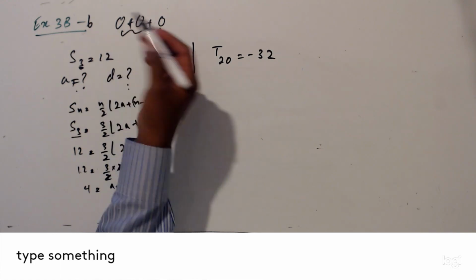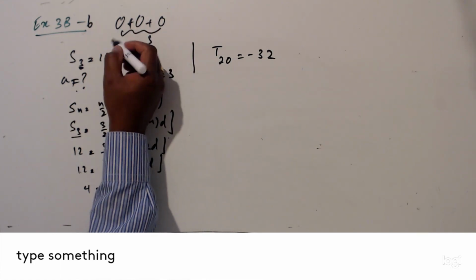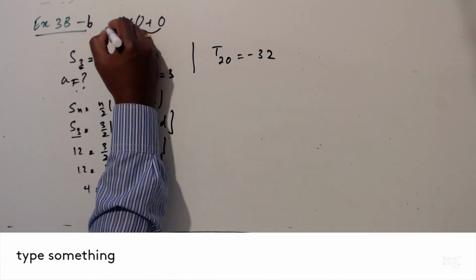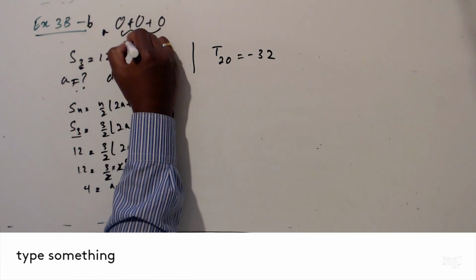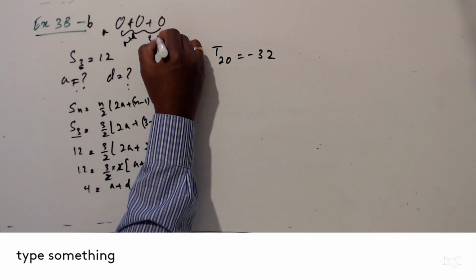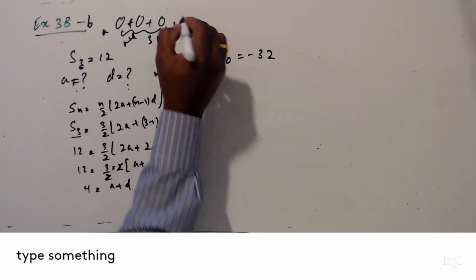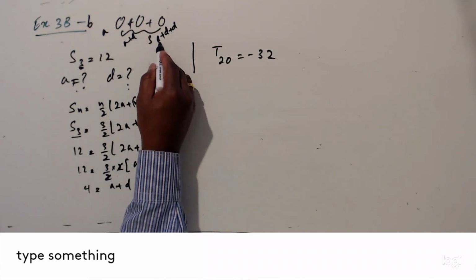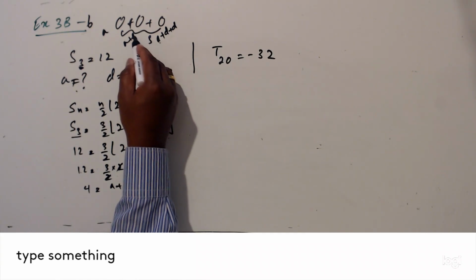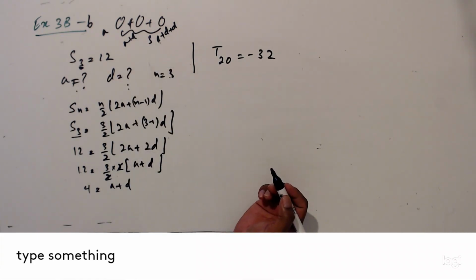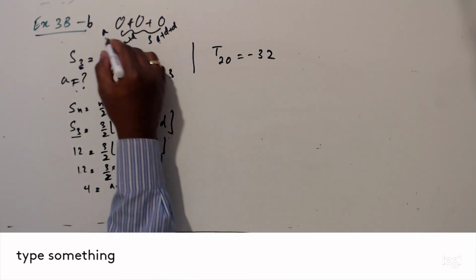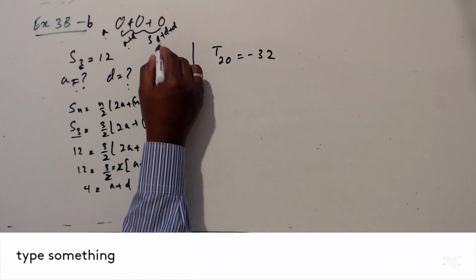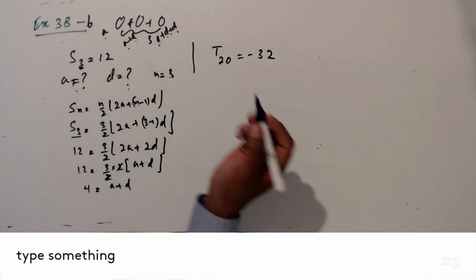The same thing you can simply write in another way. This term is a, this is a plus d, this is a plus 2d. So this is a plus a plus a, 3a, and d plus 2d, 3d.